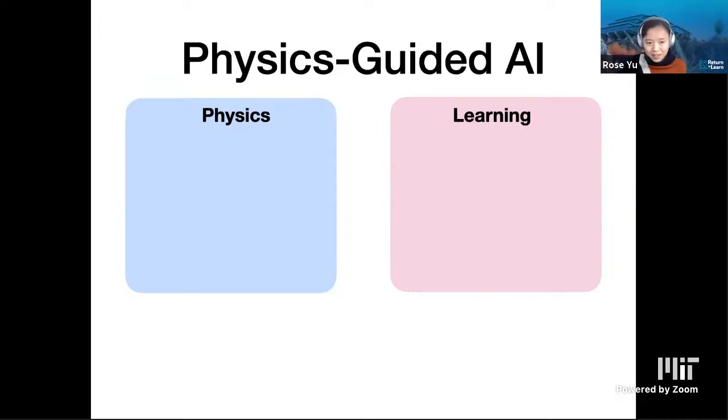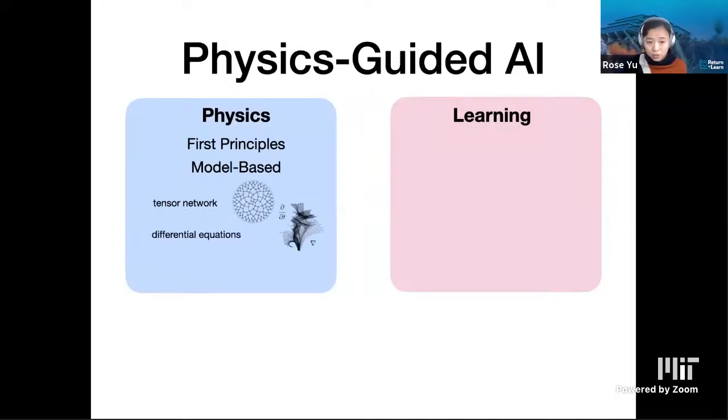We know in physics, we use first principle methods to describe space and time patterns. We rely on model-based approaches to discover patterns in the data. In physics, we have tensor networks, which is what I did my PhD on, differential equations, and even symmetry to understand the behavior in space and time.